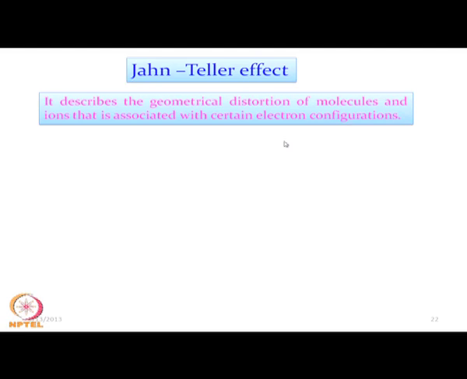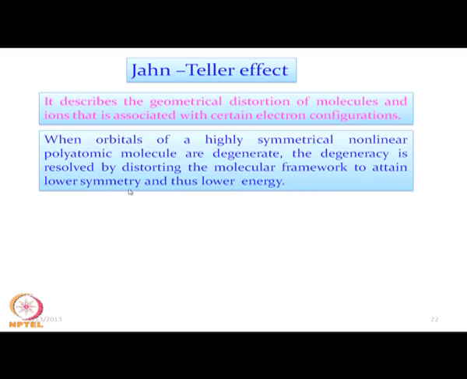So far we have discussed the distortion first, then on the basis of those distortions we are looking at the corresponding electronic configurations. Now we see that this JT effect or Jahn-Teller effect is only operative for certain electronic configurations, which would be sensitive to this particular effect. So, when orbitals of a highly symmetrical nonlinear polyatomic molecule are degenerate, the degeneracy is resolved or lifted.